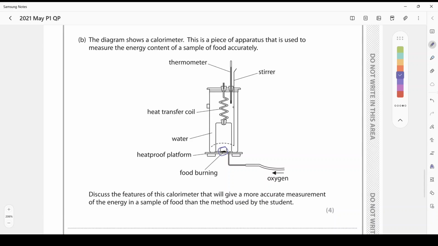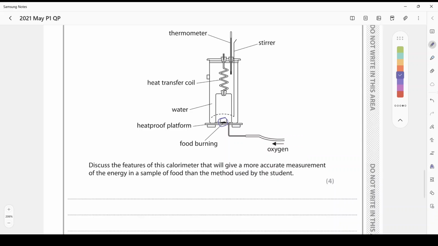And then we have a thermometer here to measure the temperature of the water. Here it says, discuss the features of this calorimeter that will give a more accurate measurement of the energy in a sample of food than the method used by the student. So one thing that I first noticed is that there is a lid, and you can see that there, and that prevents heat from being lost.